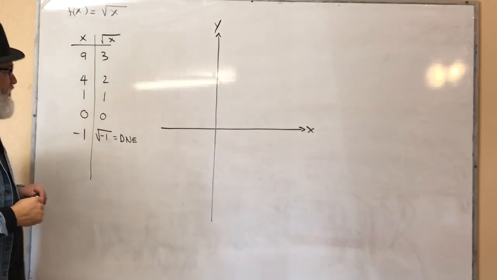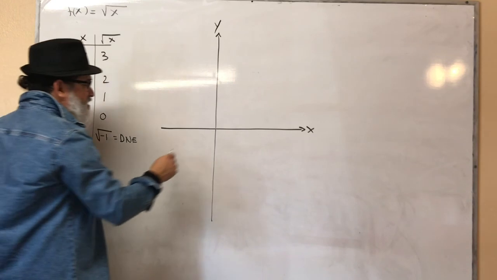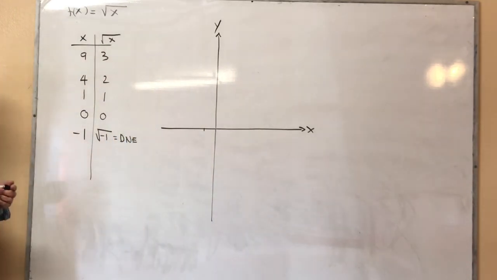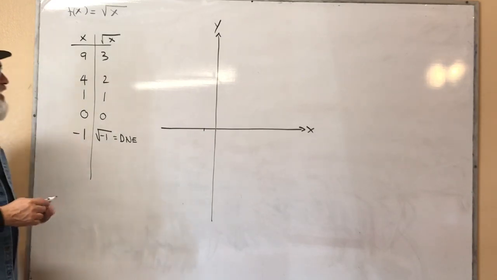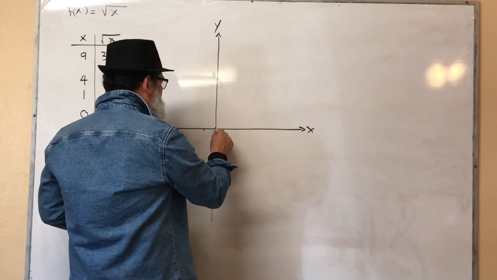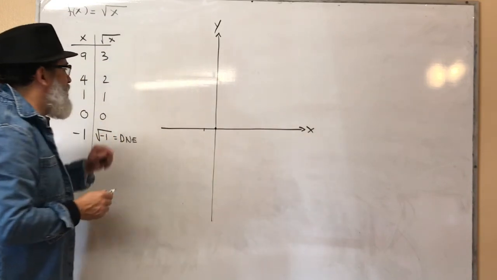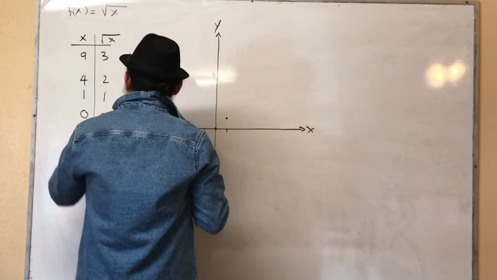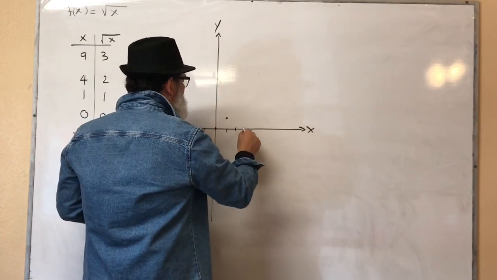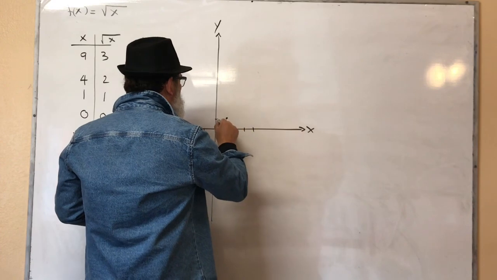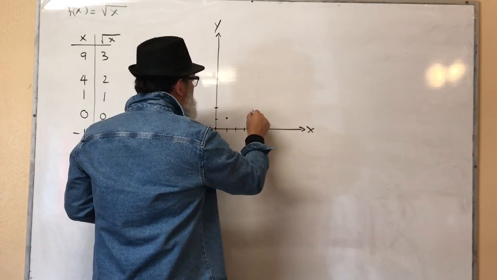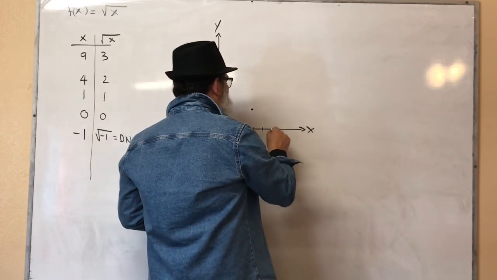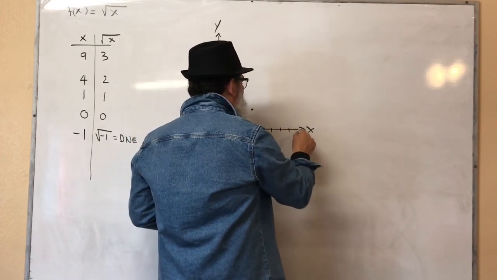Note, if x is negative 1, it doesn't exist. No function is there. But if x is 0, we get 0. If x is 1, we get 1. If x is 4, we get 2. If x is 9, we get 3.